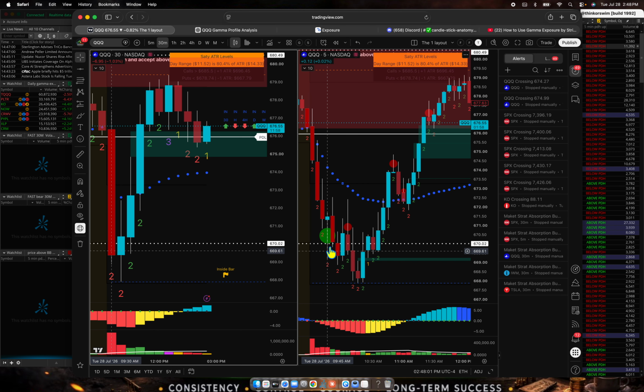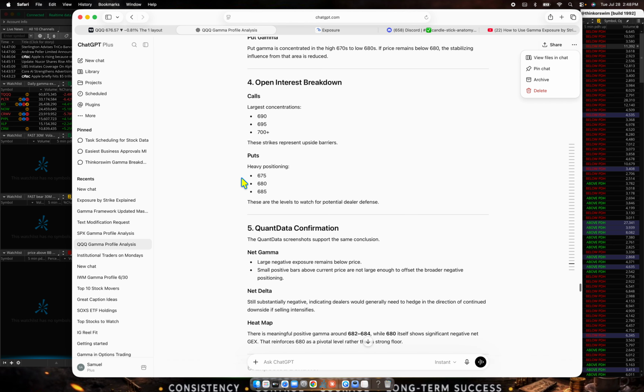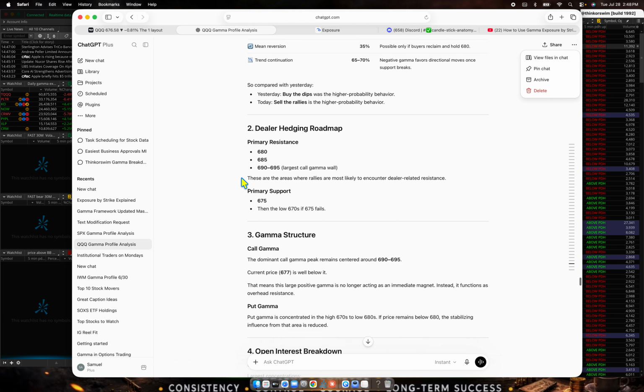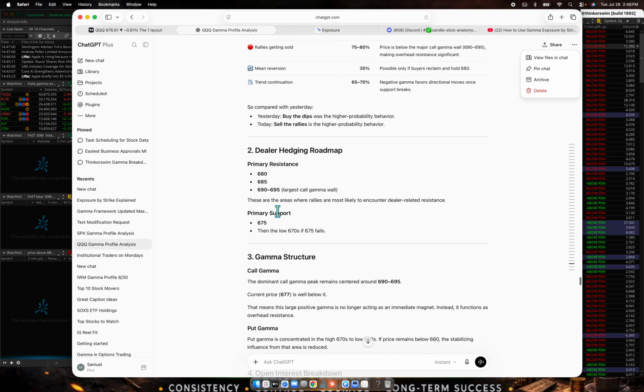We did have some pullbacks up after we hit our 670 area, which was our target that it gave us. So if we go back, we can see right here: primary support 675, then the low 670s if 675 fails.